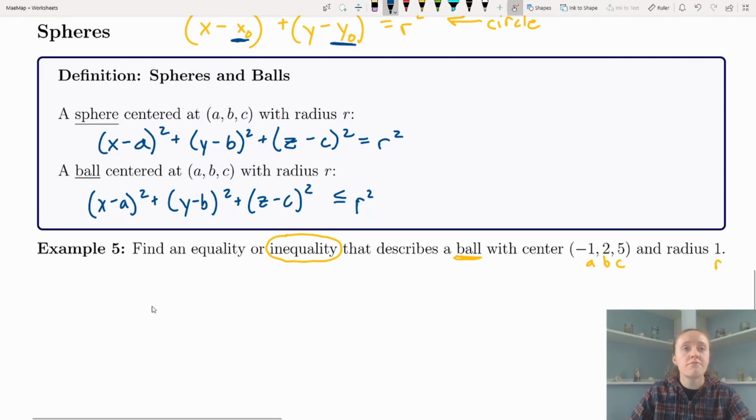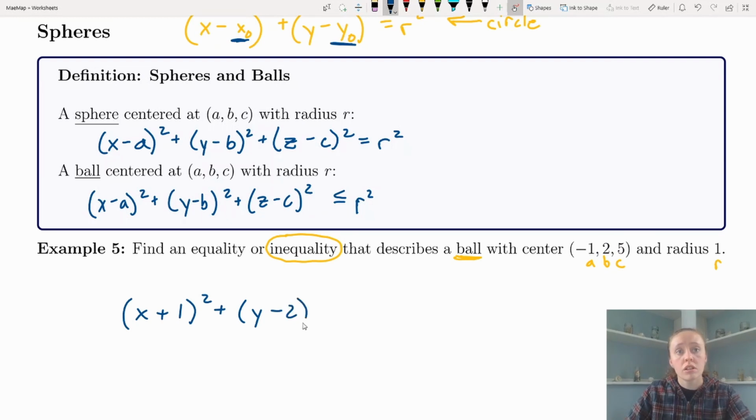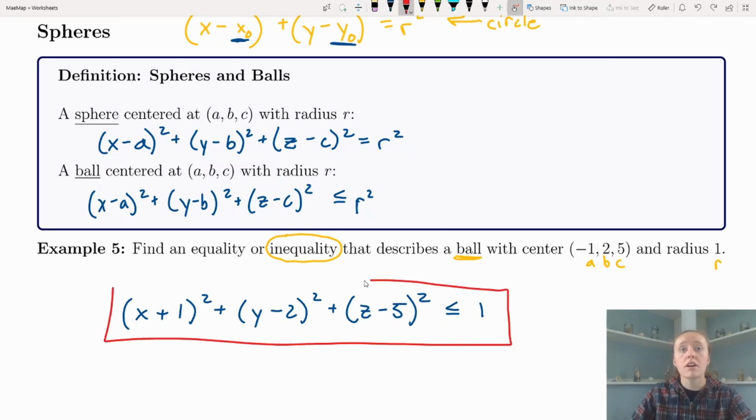So let's just go ahead and fill in our blanks. We'll have x minus a negative 1, so that's going to be x plus 1 squared, plus y minus b, so y minus 2 squared, plus z minus c, which c is 5, squared is less than or equal to our radius squared, r squared, which is 1 squared, and 1 squared is simply 1. So that's an inequality that describes a ball centered at negative 1, 2, 5 with a radius of 1.